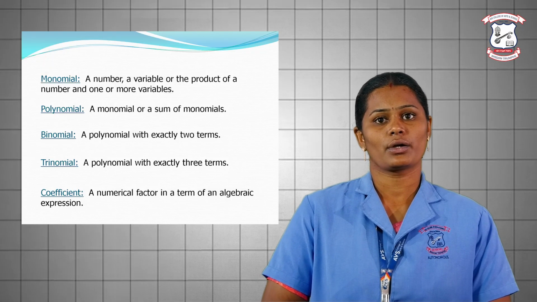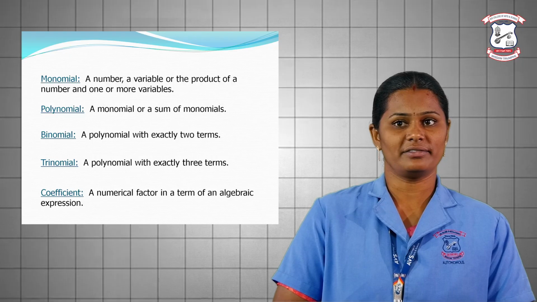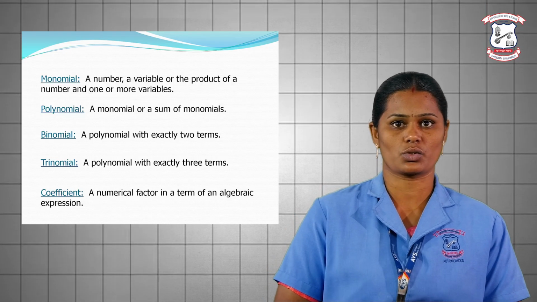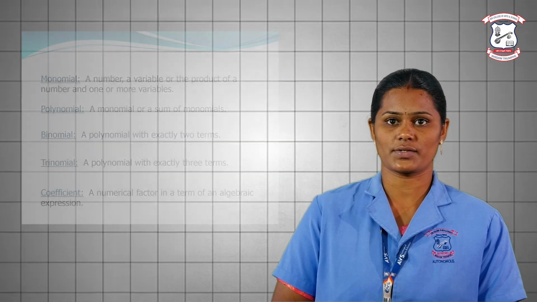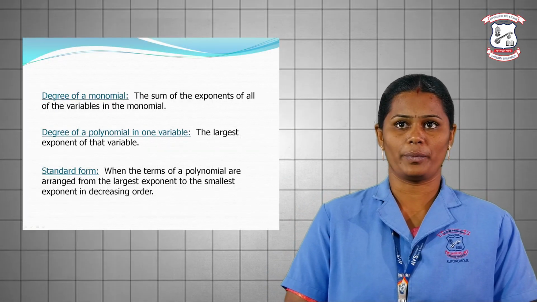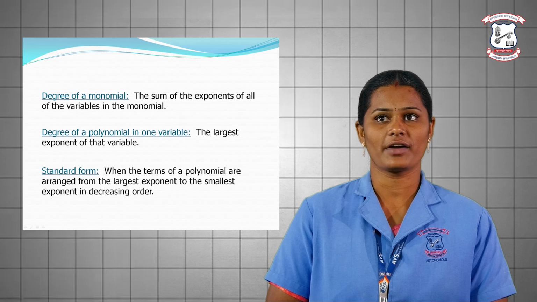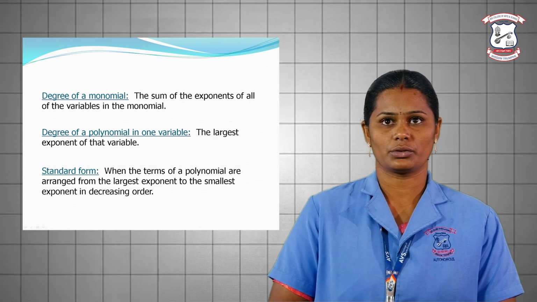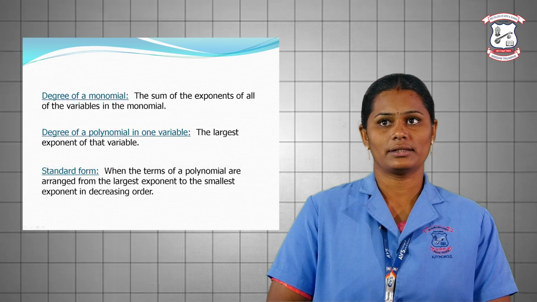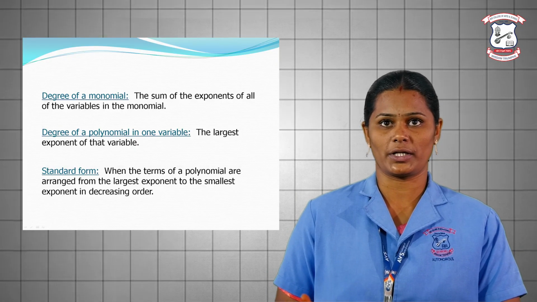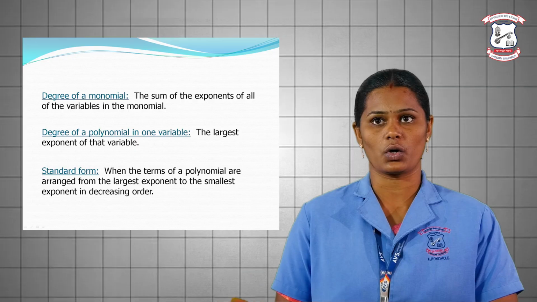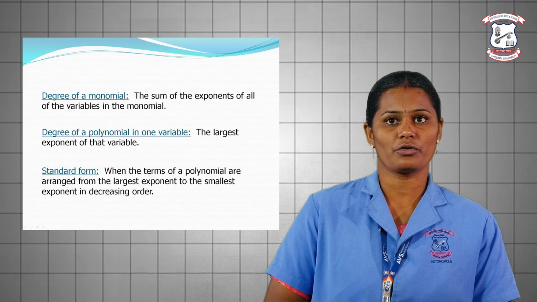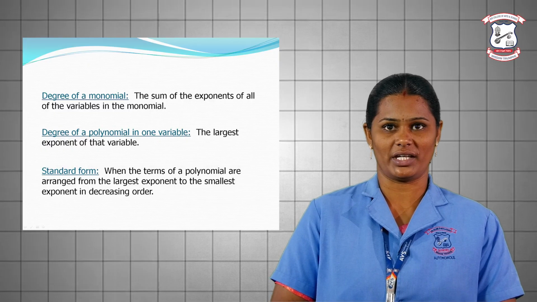And then next is coefficient. A numerical factor in a term of an algebraic expression is called a coefficient. Next, the degree of a monomial is the sum of the exponents of all the variables in the monomial. And then next one, degree of a polynomial in one variable.